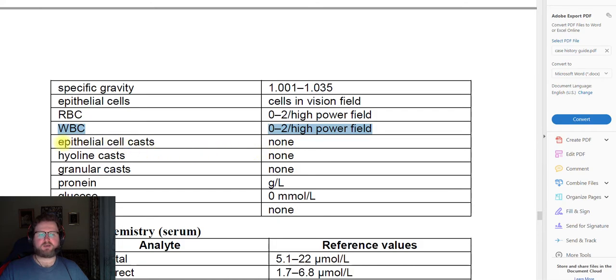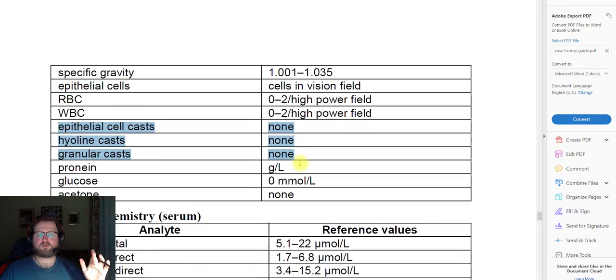If you see epithelial casts or hyaline casts or some other casts, this is a sign that this patient has some kidney damage, so you'll have to pay more attention to diagnosis of kidney level. If patient loses protein with urine, that's also a very crucial symptom of renal injury. You'll have to pay more attention there.